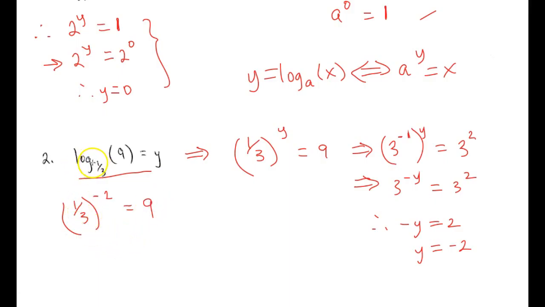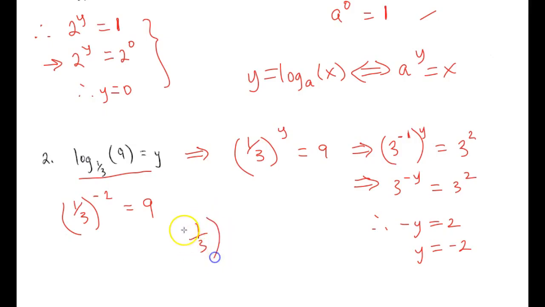Or put another way, -2 is the exponent for the exponential function that has a base of 1/3 and its result is 9. So whenever we read logarithms, we're actually just looking at a fancy way of expressing the exponent of an exponential function. And we're literally asking this question whenever we have a logarithm.